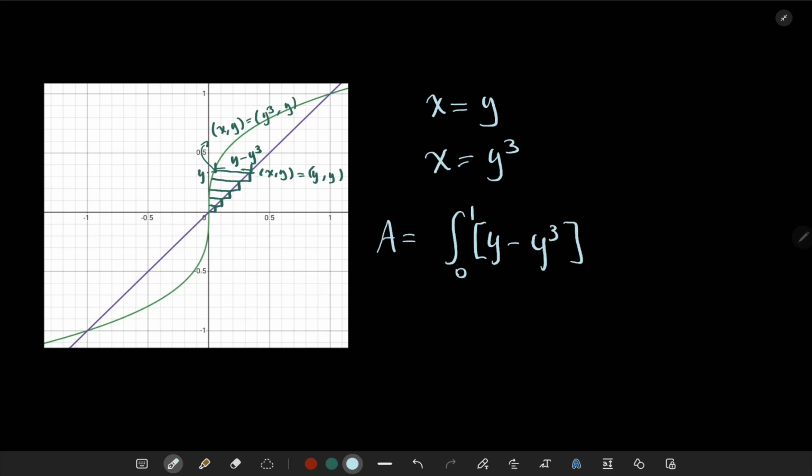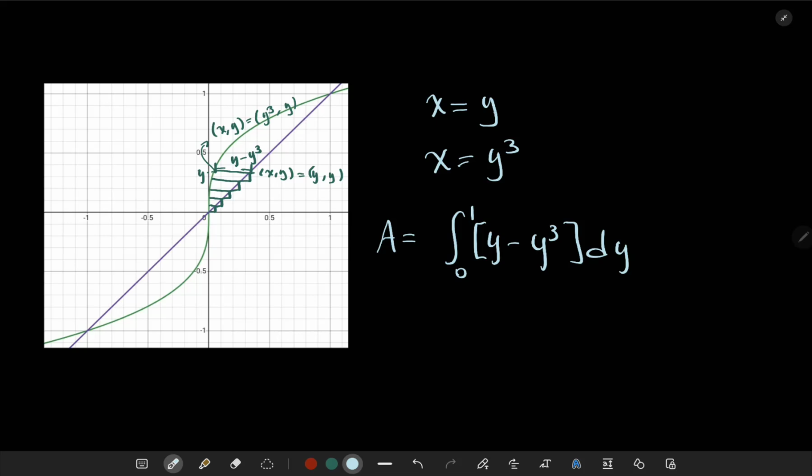And then you have a dy, a differential of y. In the way we have it written it looks more like a height, but the y distance gives you the length, and the dy gives you the thickness of each rectangle, and you integrate from 0 to 1, which gives you this first area.